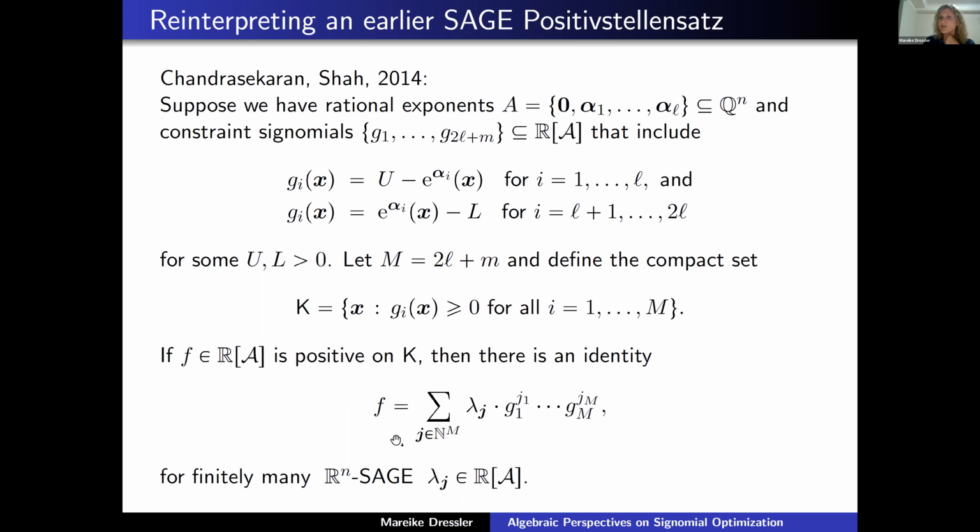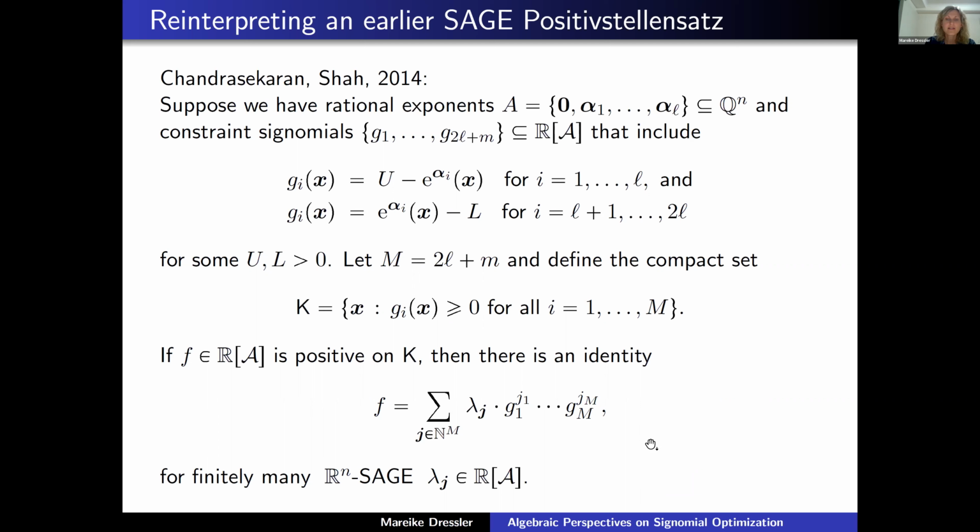Namely, you can write your Signomial as like so, namely as a sum of products of R^n Sage functions lambda and products of the constraints. So here you see you have to take products of the constraints. So in the end, this decomposition will be exponential in the g_i, so in the constraints.